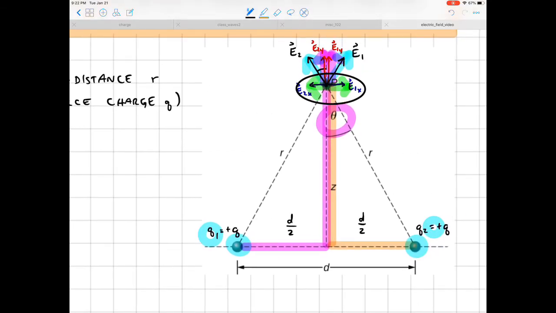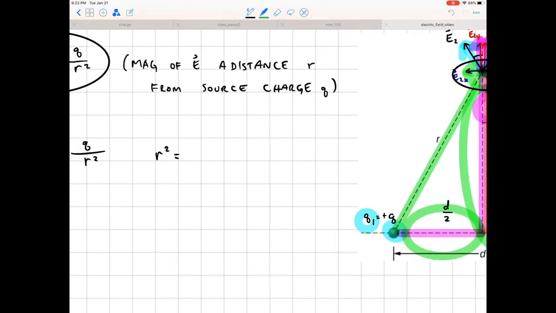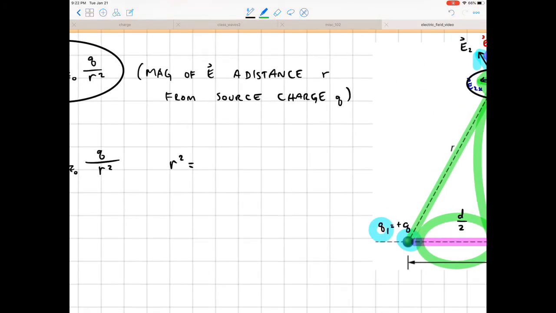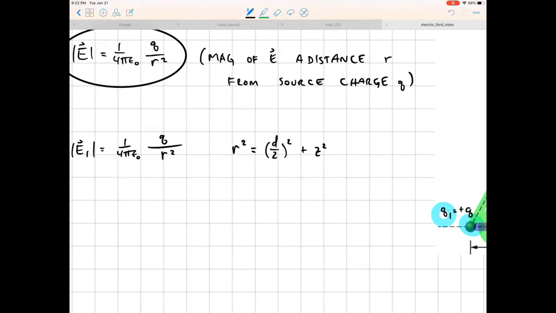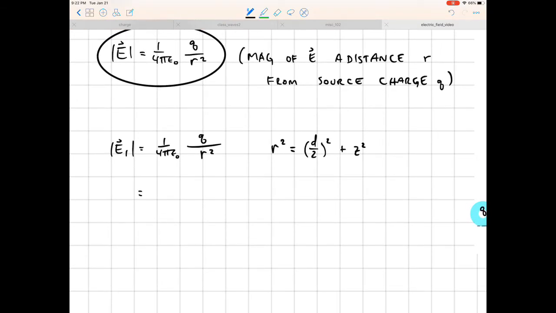If we look at my picture here, this is R. R squared is going to be equal to this term squared plus this term squared, right? The Pythagorean theorem. So we've got d over 2 squared plus z squared. And so I can put that in for E1.